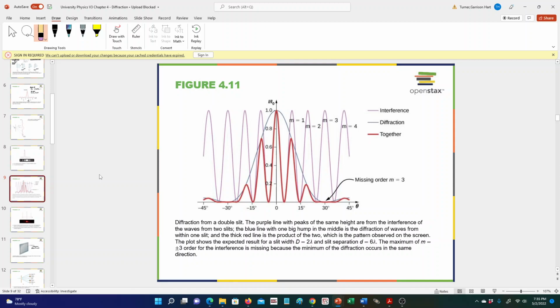You have interference of two diffracted waves effectively. If you had no diffraction in a double slit experiment, you would get an intensity on a screen equal to the purple line. This line right here.